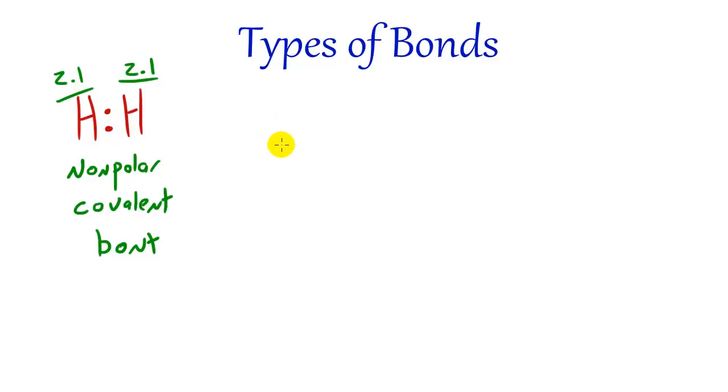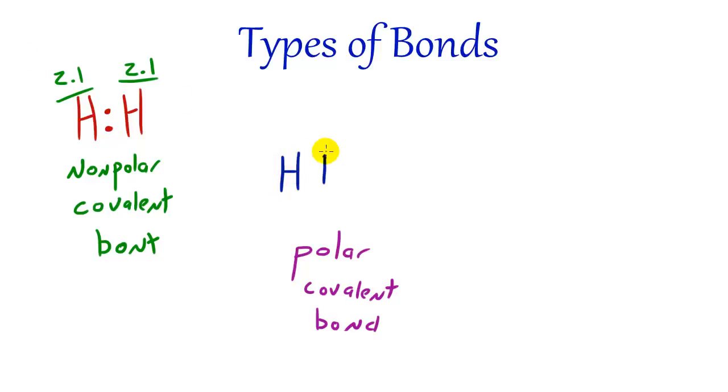You have, in some instances, something called a polar covalent bond. Now, this happens in the case of, say, a hydrogen and a bromine. Now, bromine has an electronegativity of 2.8, and hydrogen, of course, 2.1.